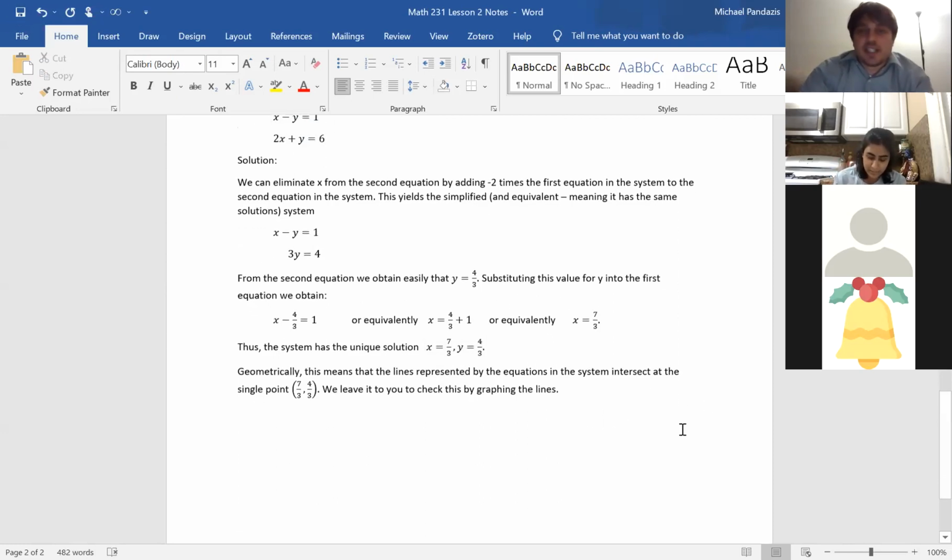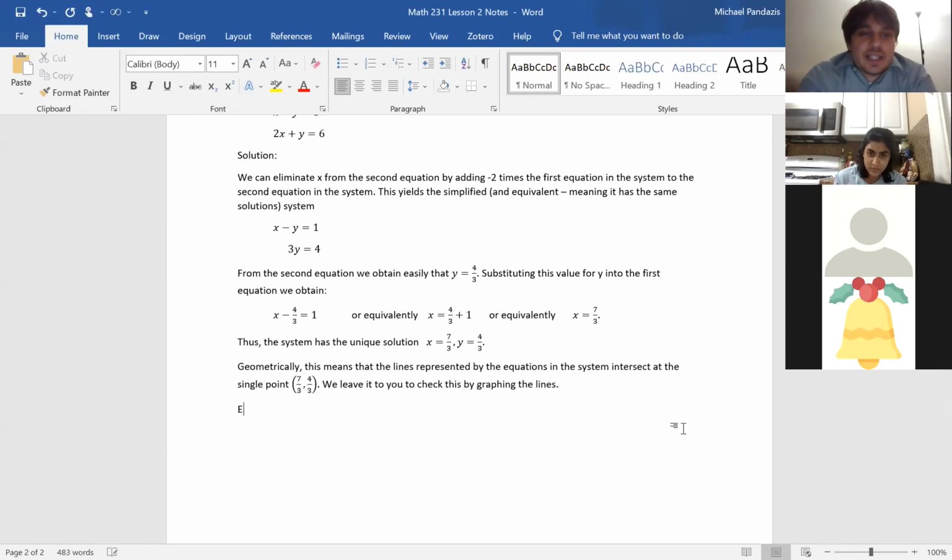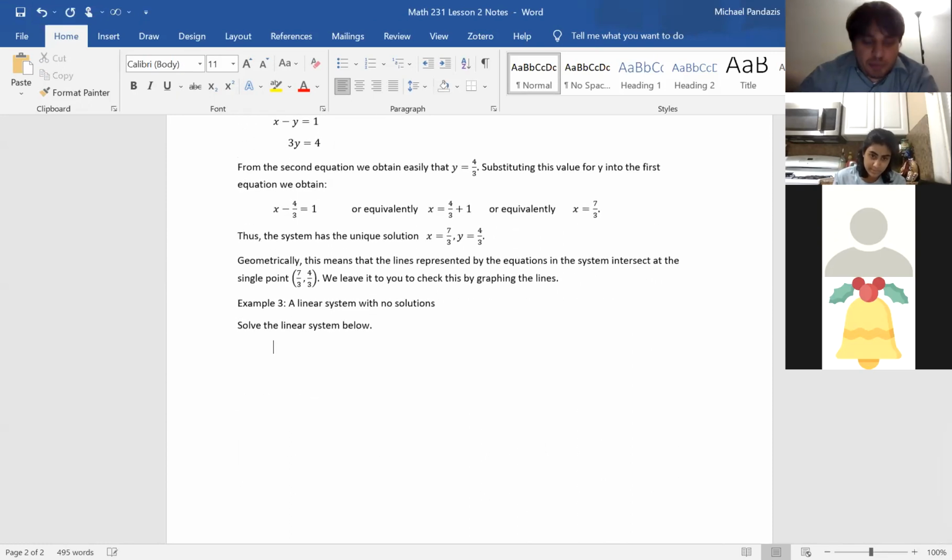Okay, so then example 3. A linear system with no solutions. Okay, so solve the linear system. Okay, so this is going to be a linear system with no solution.